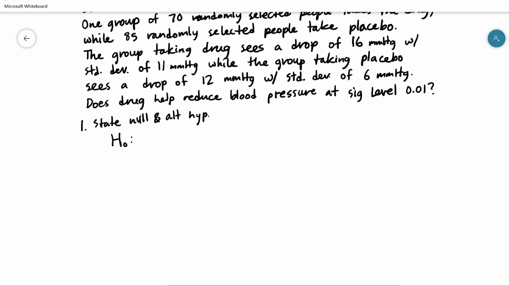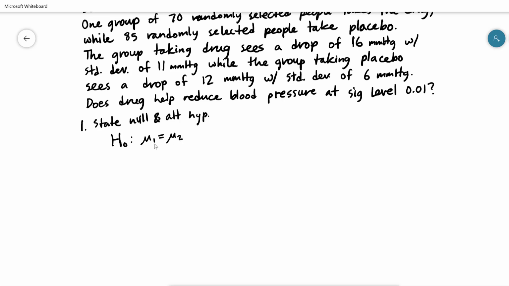It's not effective. There's no difference between taking the drug and not taking the drug. That's what I mean when I say it kind of goes along with the word no. Nothing, no difference. That's what we're talking about. So the null hypothesis is always, we think the two outcomes are going to be the same. The reality is your average drop in blood pressure if you take the drug is the exact same as if you just take a placebo.